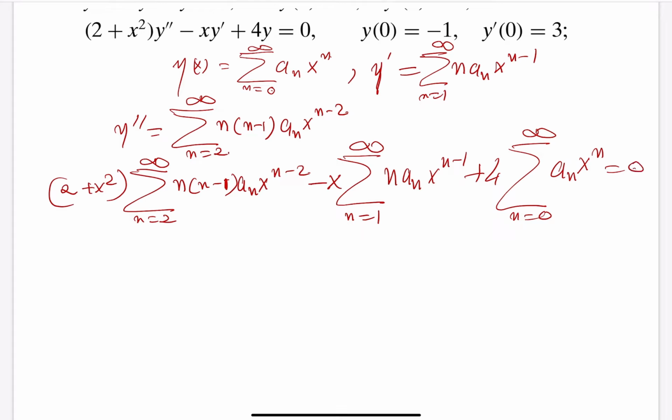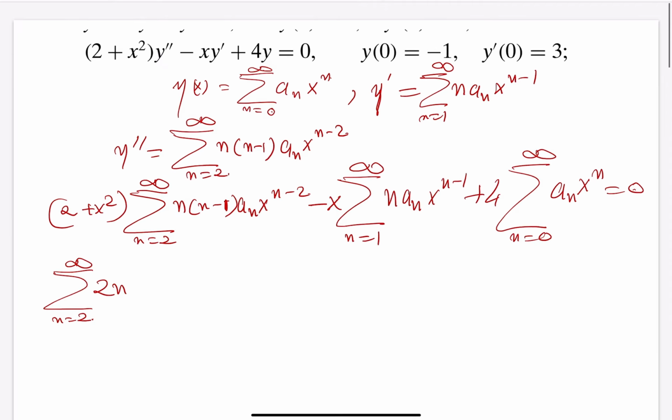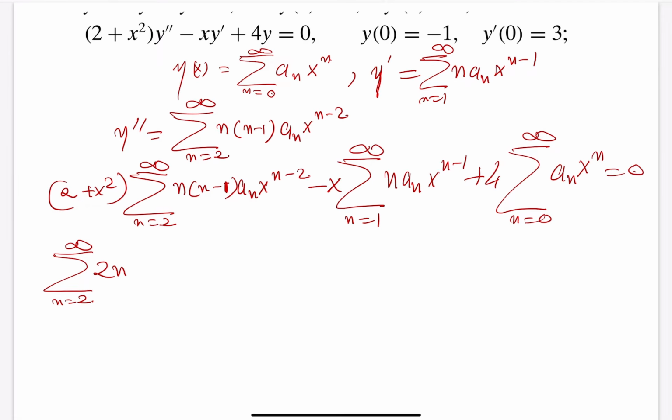Okay, we have this now. So now we can distribute inside. You have the series n going from 2 to infinity of 2n(n minus 1) a_n x^(n-2).